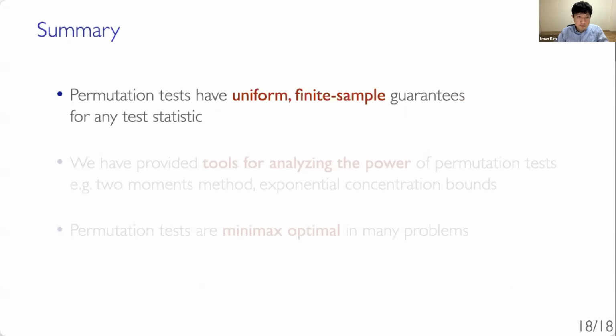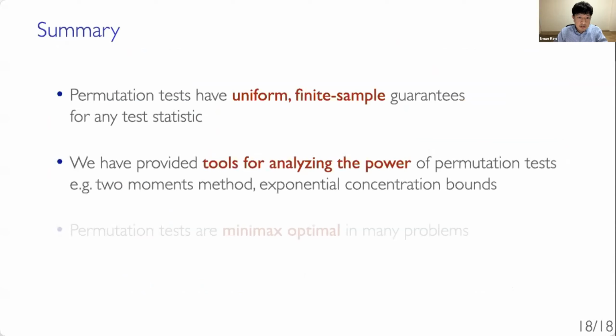Okay, so to wrap up, permutation tests have a uniform and finite sample guarantee for any test statistic, which I think are really nice properties, especially when we need to deal with high dimensional and complex data sets. In general, it is difficult to study the power of the permutation test due to the combinatorial nature of the permutation procedure.